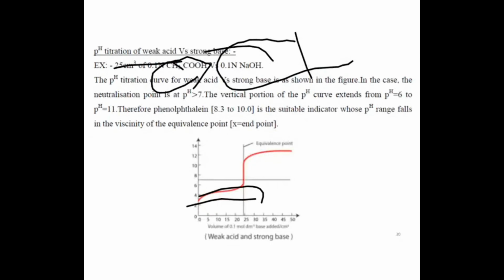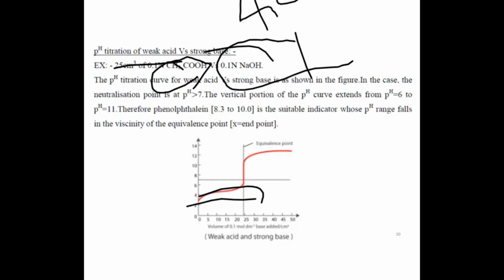Why? Because it has a weak acid. A weak acid doesn't consume more strong base. For example, here we have taken acetic acid as the weak acid, and the strong base is in the burette, with a pH around 14. The solution in the beaker has a pH around 4.